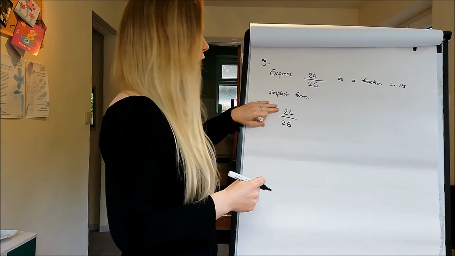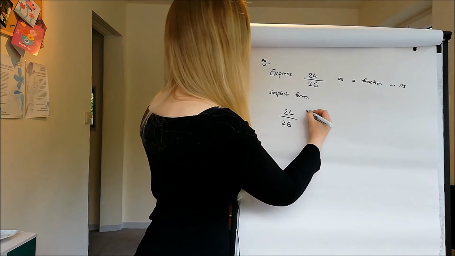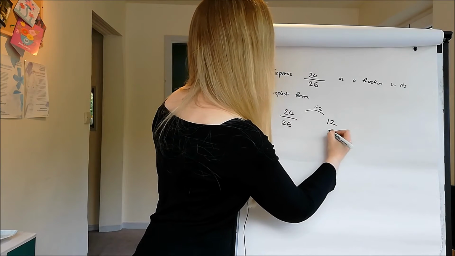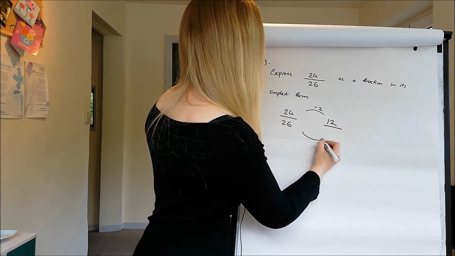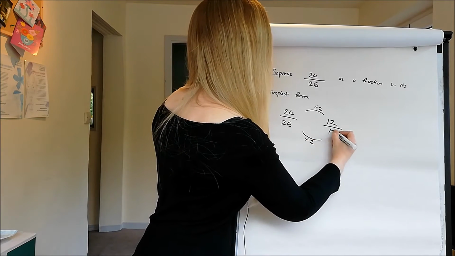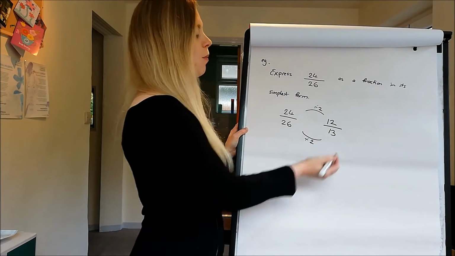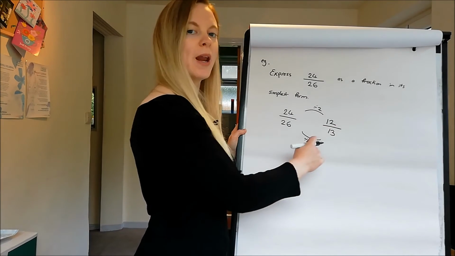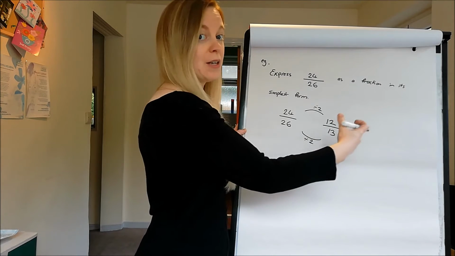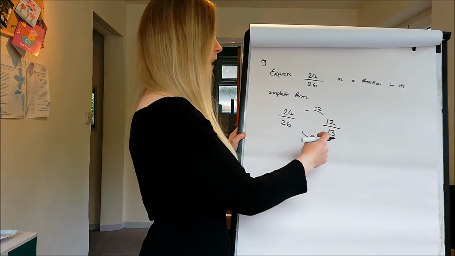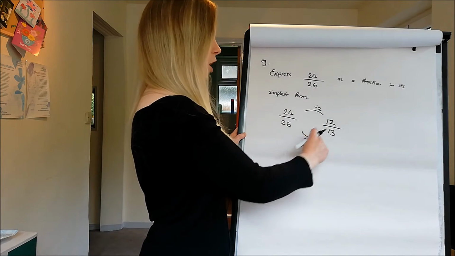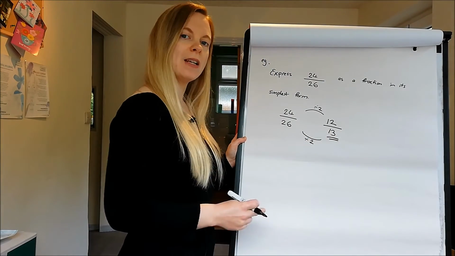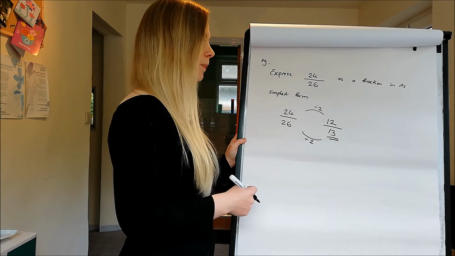So that means that both the top number and the bottom number can be divided by 2. So if I divide the top by 2, I get 12. And if I divide the bottom by 2, I get 13. And there are no more numbers that both 12 and 13 will divide by, apart from 1, which wouldn't get you anywhere. If you divided them each by 1, you'd still end up with 12 over 13, so nothing would change. So if I divide the top and bottom by 2, I get 12 over 13, and then there's nothing else that they both divide by.